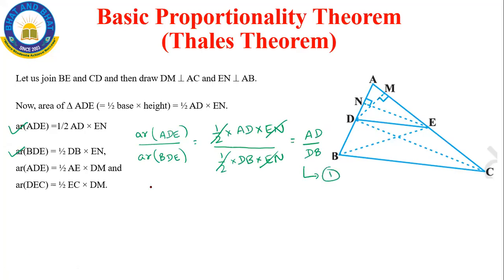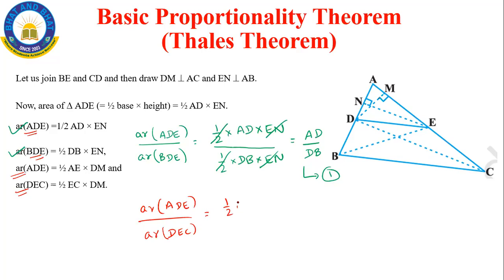Next, I will consider area of ADE divided by area of the other part of the triangle I have missed, that is DEC. First I considered area of ADE by BDE. Next I will consider area of ADE divided by DEC. What will I get?